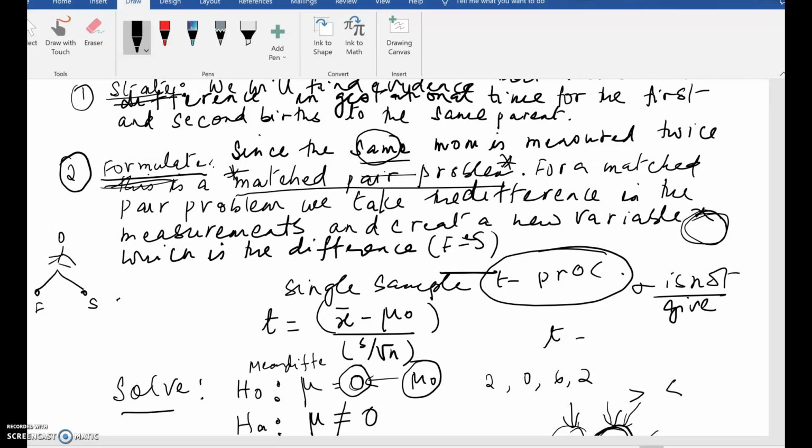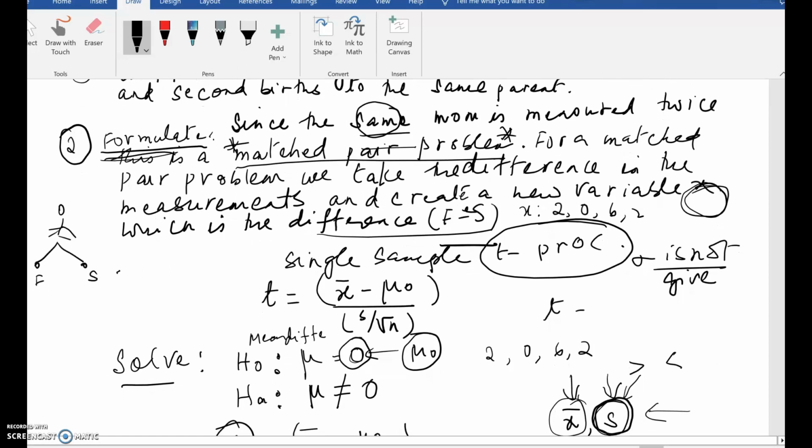For a matched pair problem, we take the difference in the measurements and create a new variable, which is the difference. And what was our new variable? X, which is the difference? 2, 0, 6, 2. That's the difference in the corresponding numbers. So it becomes a single sample T procedure.